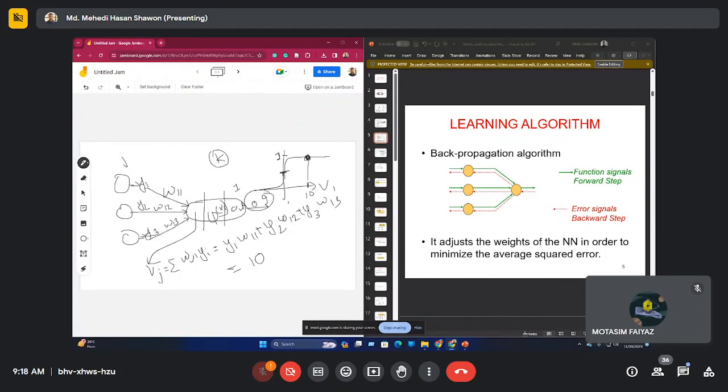Yeah, that's the correct answer actually. So basically, I built the architecture. I provide the weights randomly, or suppose I uniformly choose some weights. When I provide the inputs, my inputs go through those weights and produce some output through the hidden layer. The hidden layer propagates the output to the next layer. In this way, I will get some output.